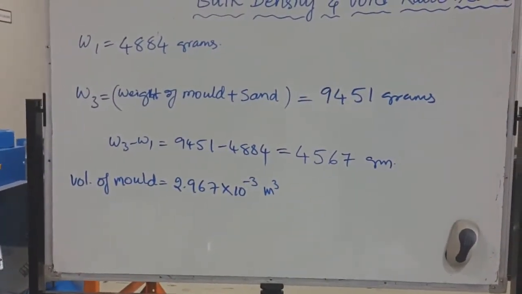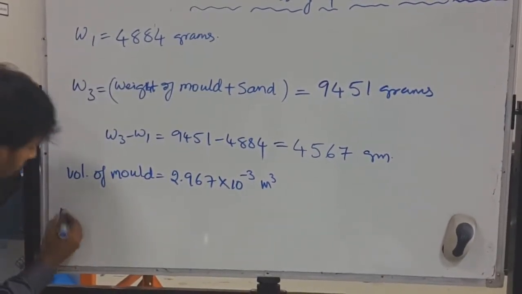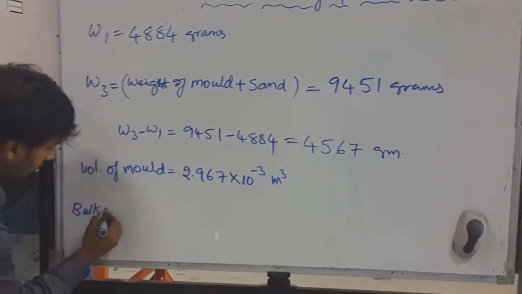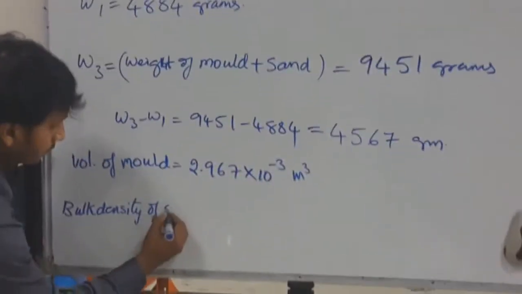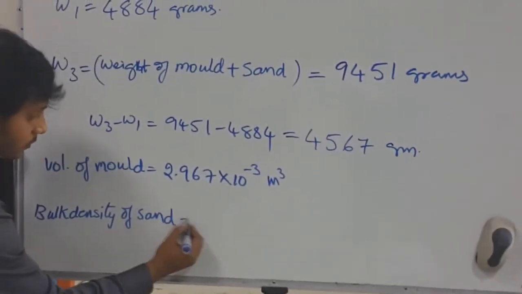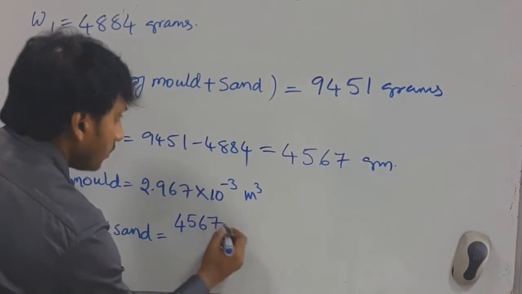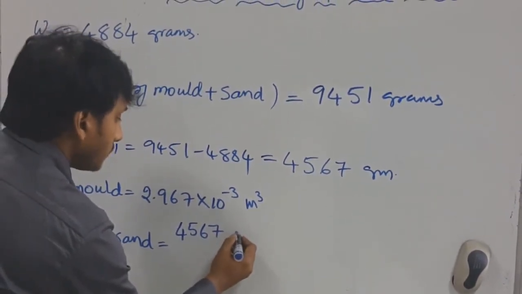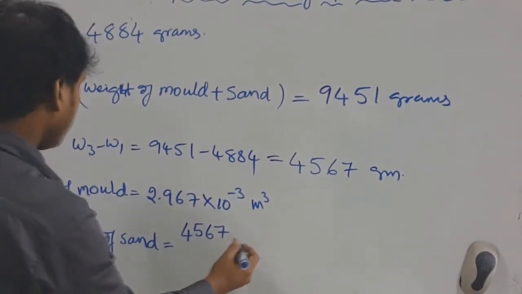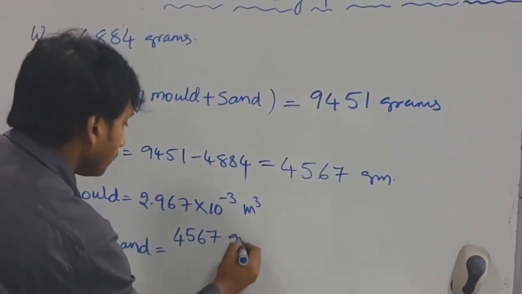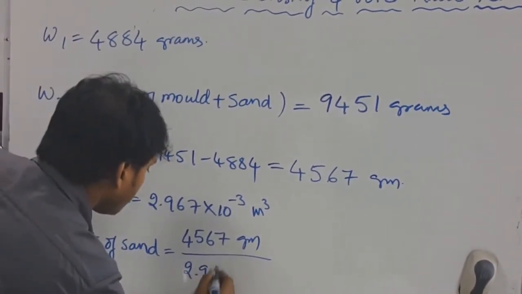To determine the bulk density of sand, same again, weight of sand over volume of mold.